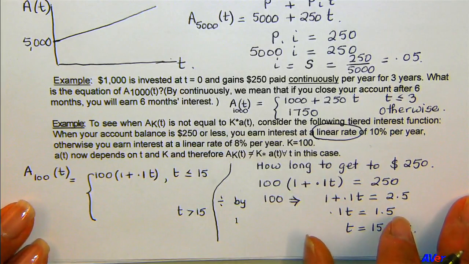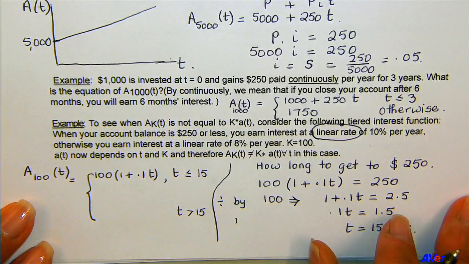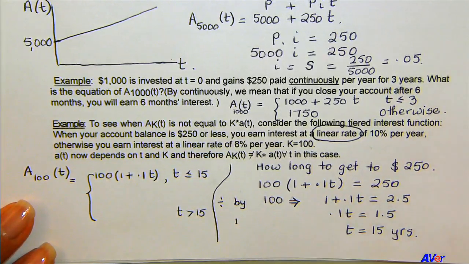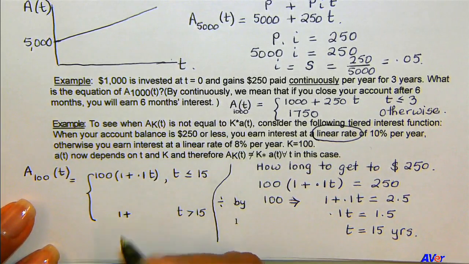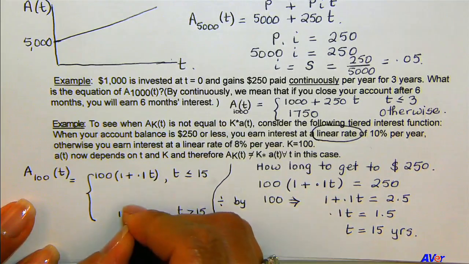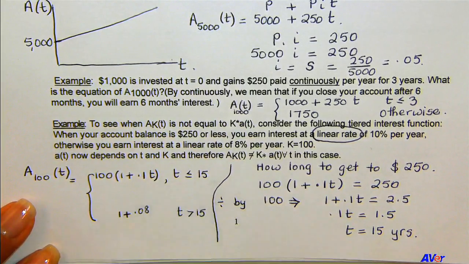Yes. Same function, but the interest rate now is 0.08. The same function? Are you sure? 1 plus 0.08 times what? Times t? Do you think it's times t? Yes, sir.